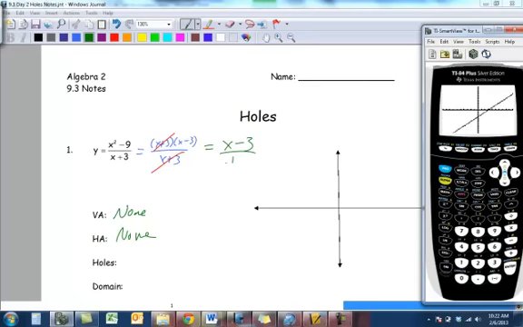And just as some of you may have suspected, that looks like a line, and sure enough, that is a line with a slope of 1 and a y-intercept of negative 3, so our graph looks something like that. Right? But there's something weird about this graph that your calculator doesn't show you straight away.